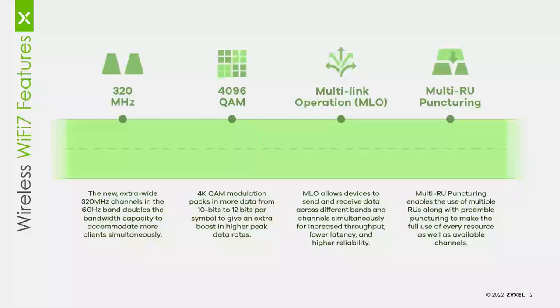So the idea behind multi-RU puncturing is now we're using these wider channels, 160 megahertz, 240 megahertz, 320 megahertz. And the problem you ran into here is if you experienced any interference in any part of that big channel, it could cause all of the packets to get dropped or interrupted. So with multi-RU puncturing, we're able to use this big wide 320 megahertz channel and say there's interference in a specific 20 megahertz portion of that.